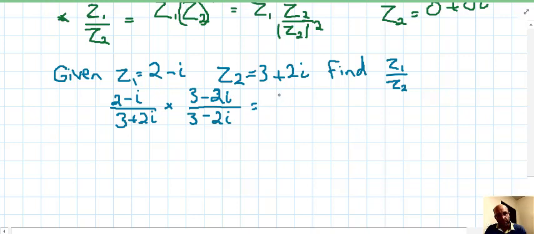Multiply numerators together, so we have 6 minus 4i minus 3i plus 2i squared. Ding ding ding, i squared alert.